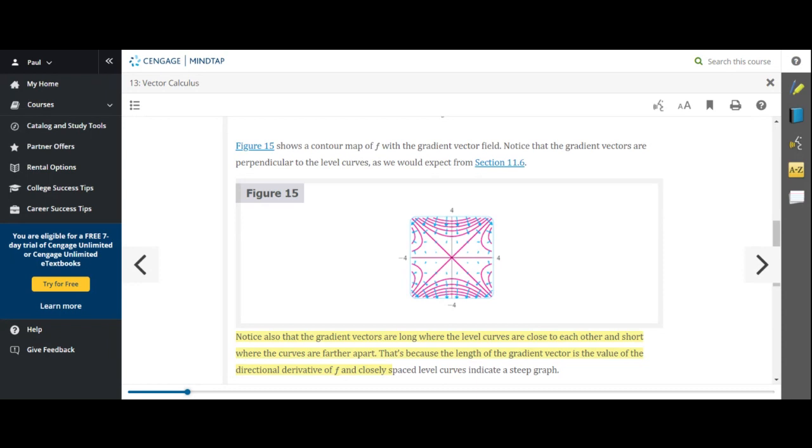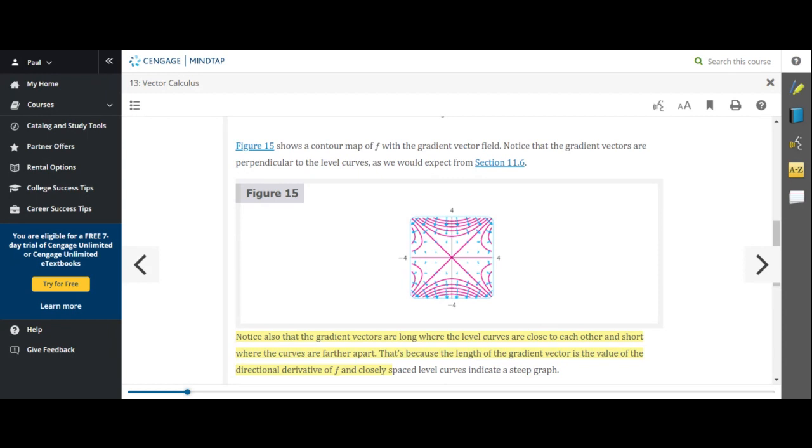And notice that the gradient vectors are long where the level curves are close to each other and short where the curves are further apart. That makes sense because the length of the gradient vector is the value of a directional derivative, right? The magnitude of the gradient vector is a rate.